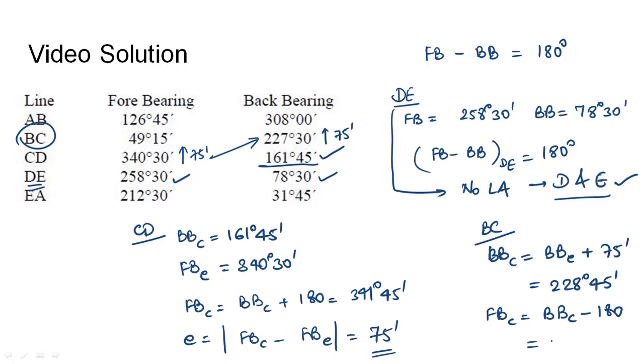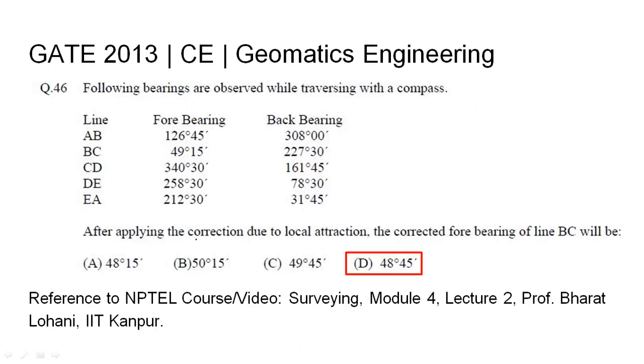So 228 degrees 45 minutes minus 180 turns out to be 48 degrees and 45 minutes. That is the corrected forebearing for the line BC. So after applying the correction due to local attraction, the corrected forebearing of line BC will be 48 degrees 45 minutes, that is option D.